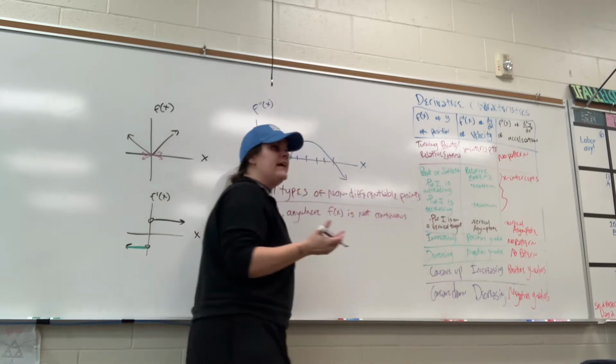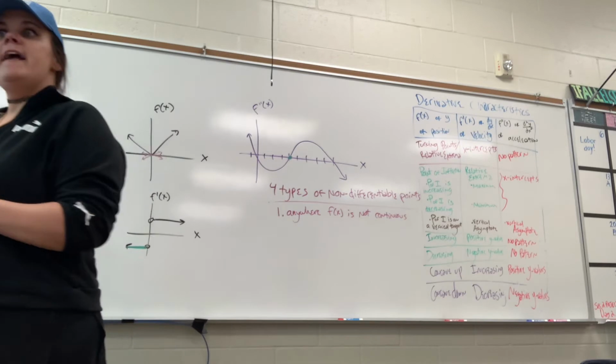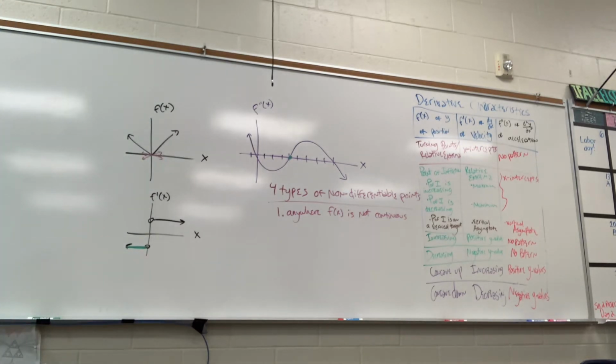That one, hopefully, is obvious, okay? If my original graph has a vertical asymptote, a jump, or a hole, right? Those are my 3 types of discontinuities, okay? I can't take the derivative of a point that is undefined. Is that fair? I can't take a derivative of a point that's undefined, okay? So anywhere f of x is not continuous, okay?